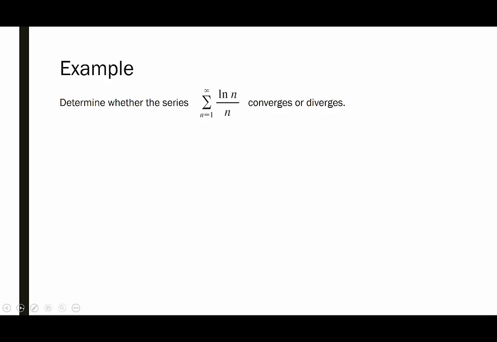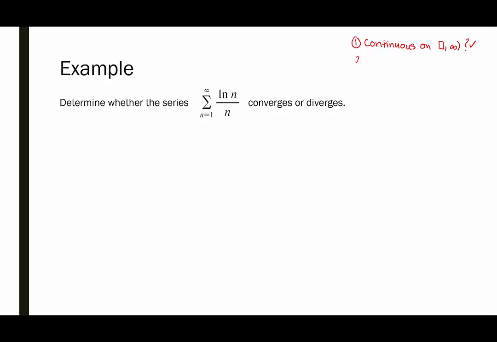In this next example, things are slightly trickier. We're going to look at the series natural logarithm of n over n and determine whether it converges or diverges. So the first thing we need to do, again, is check for continuity. The function is a quotient of continuous functions on the interval from 1 to infinity, so we're okay there.